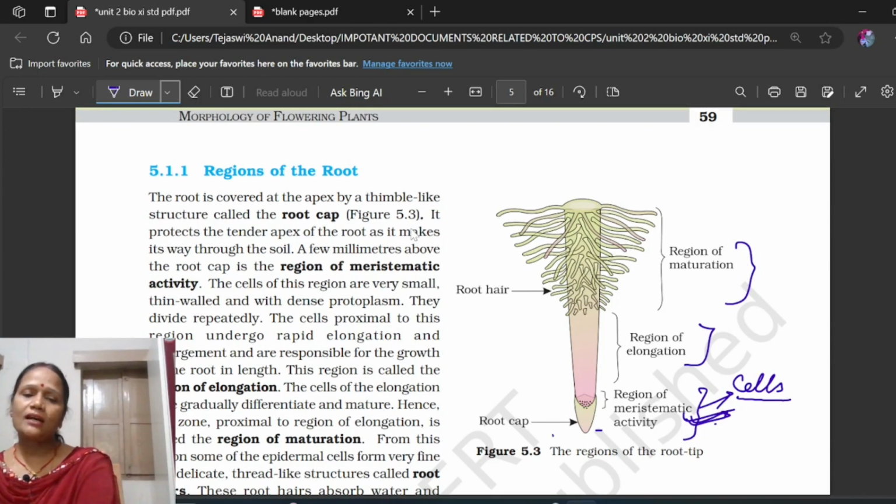This is the region where the elongation of the plant takes place. This is the root cap, and the tissue found here has a continuous division process, so elongation of the plant depends upon the root tip and the shoot tip, because all the divisions are happening in this region of meristematic activity.